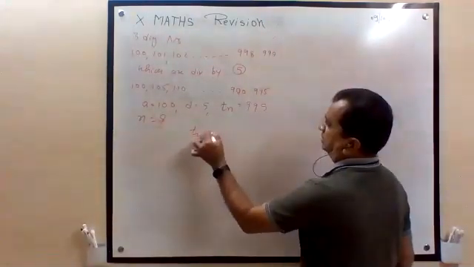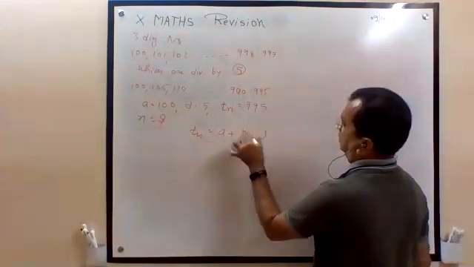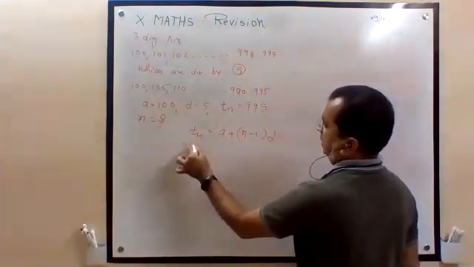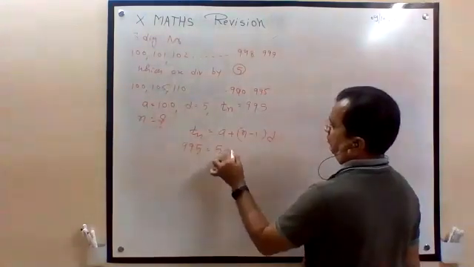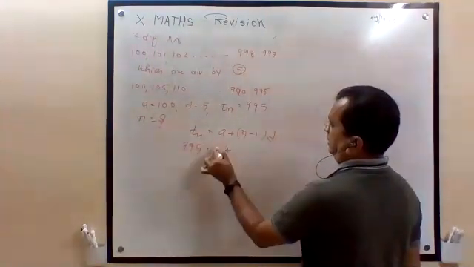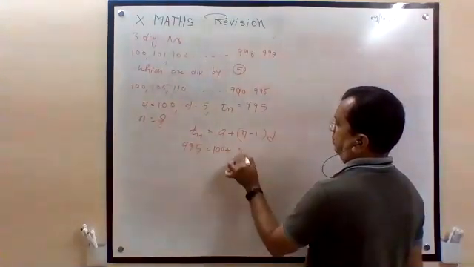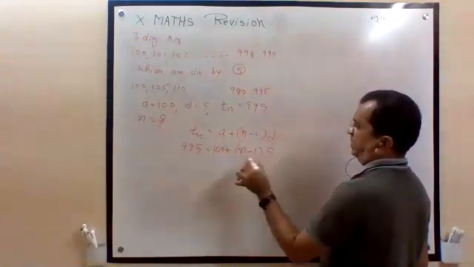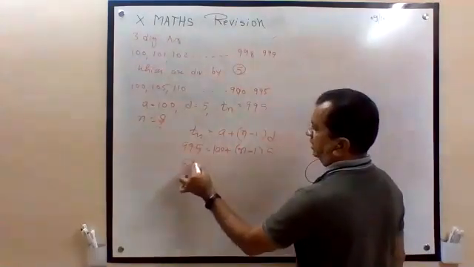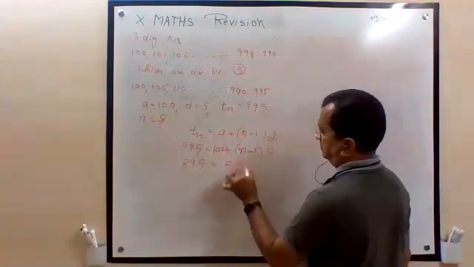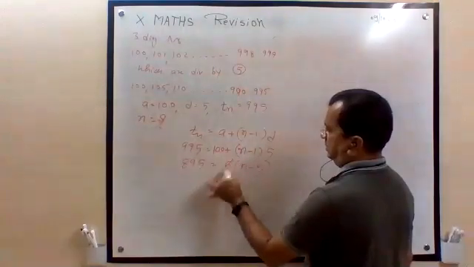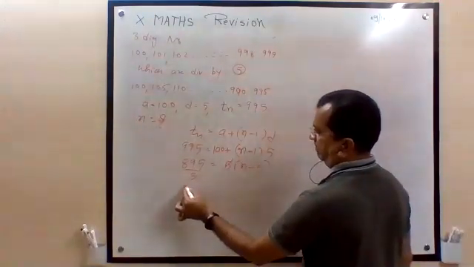Tn is equal to a plus (n minus 1)d. So 995 is equal to 100 plus (n minus 1) times 5. First reduce 100, so 895. Then divide by 5.